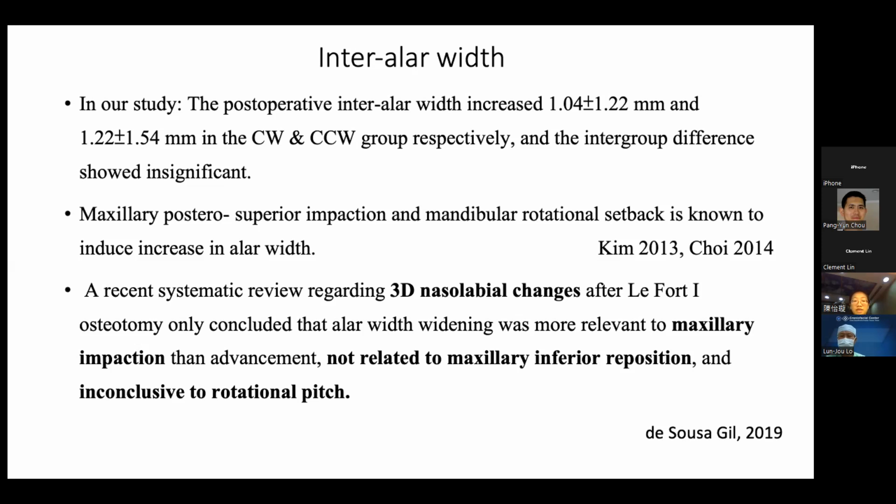And a recent systematic review regarding 3D nasolabial changes after the Le Fort 1 osteotomy only concluded that intra-alar width widening is more relevant to maxillary impaction than advancement, is not related to maxillary inferior position, and is inconclusive to rotational pitch.